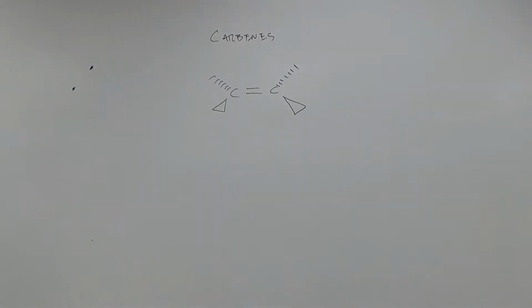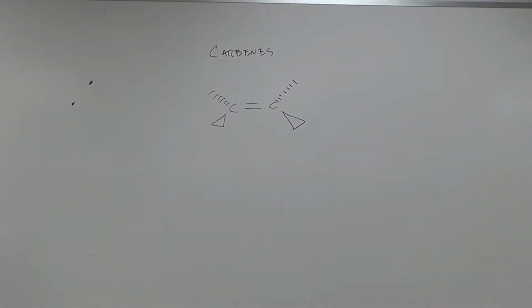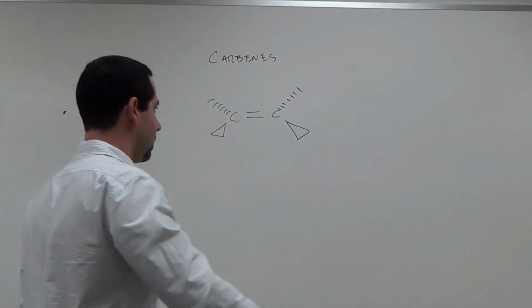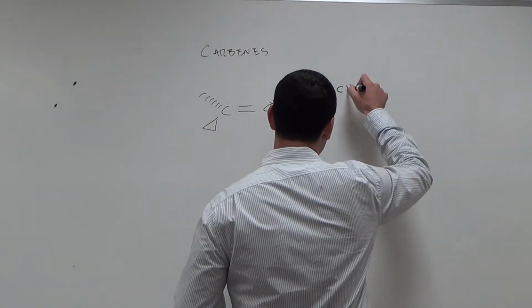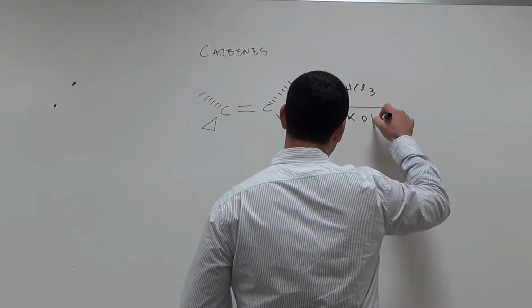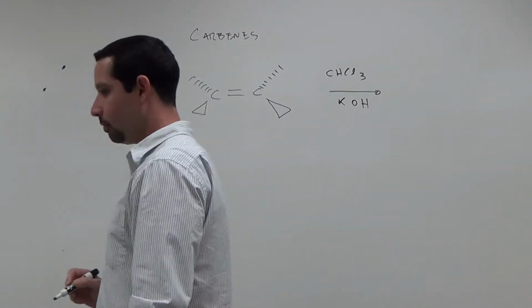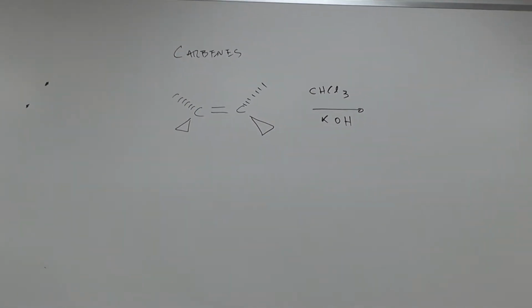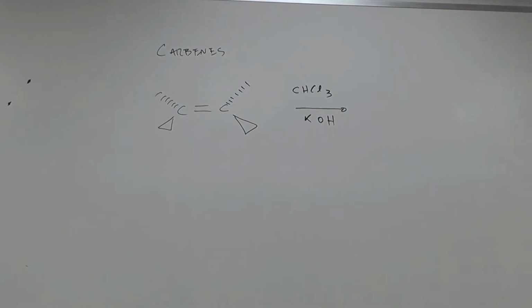Here is an alkene. And if we add chloroform, CHCl3, and potassium hydroxide, what we are going to get is something called a carbene.